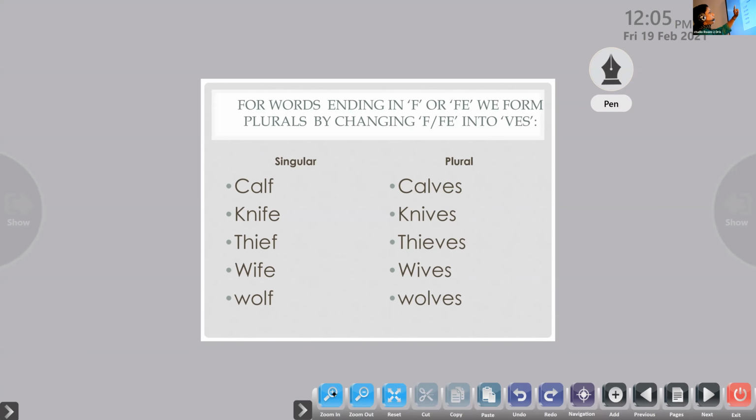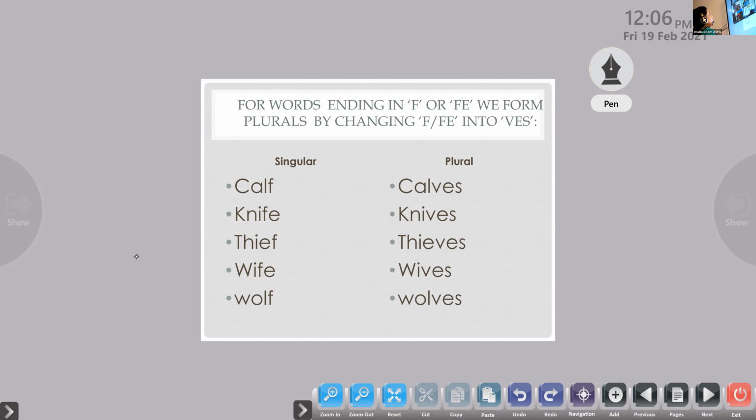That is calf, calves. Knife, knives. Thief, thieves. Wife, wives. Wolf, wolves.